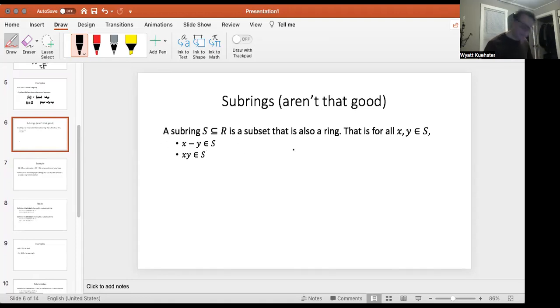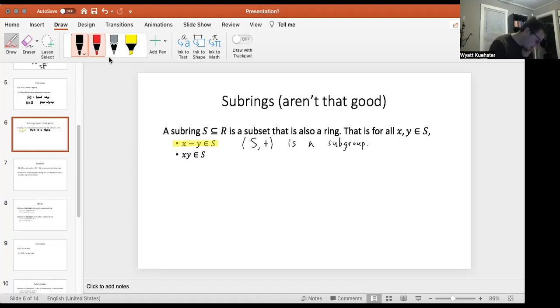A subring is a subset that's also a ring. That means it's got to be closed under the operations. So this condition here, x minus y is in S, if S is a subring, says that S under plus is a subgroup. Remember that a ring contains an abelian group under addition.